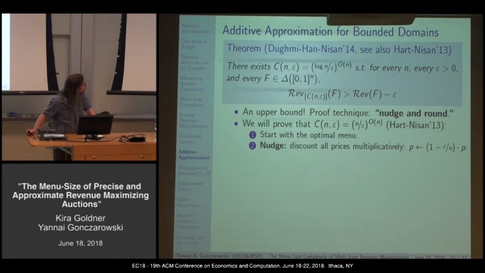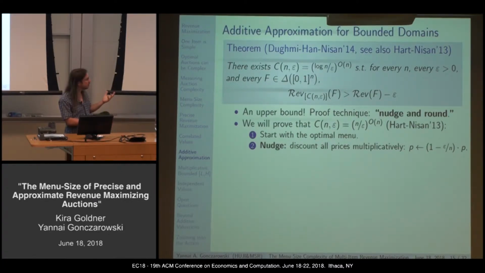Then we're going to do the nudge step. We're going to discount all prices multiplicatively. So if any menu entry cost $1,000 earlier, it's going to cost (1 minus epsilon over n) times $1,000. We'll call this the nudge step because, as we'll see soon, it's going to nudge buyers toward high-priced items.